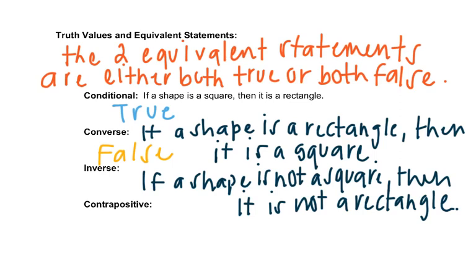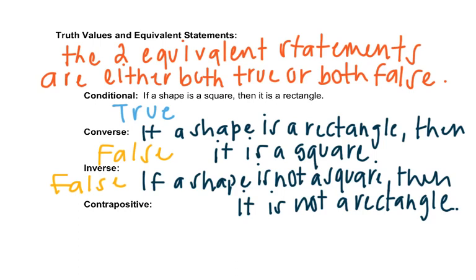And again, if you think about that a little bit, that is not always true. So that's going to be false. If a shape is not a square, then it is not a rectangle.